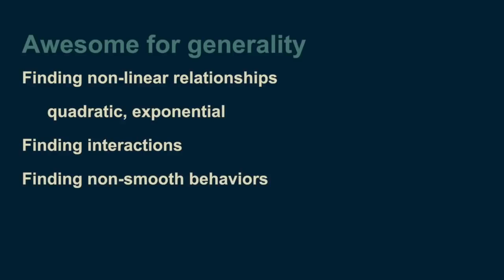Quadratic, exponential, cyclical, and any other relationships can all be revealed as long as you have enough data to support all the necessary cuts. Decision trees can also find non-smooth behaviors, sudden jumps, and peaks that other models like linear regression or artificial neural networks can hide sometimes.